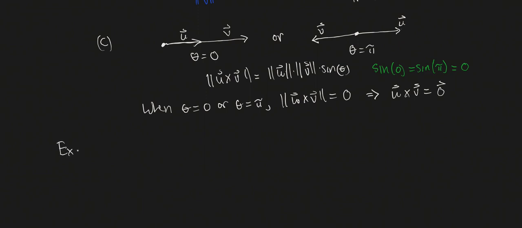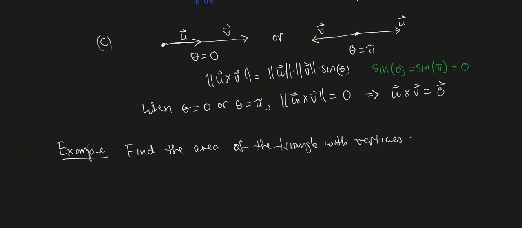So this will be an example. This is our problem: find the area of the triangle with vertices at these three points.